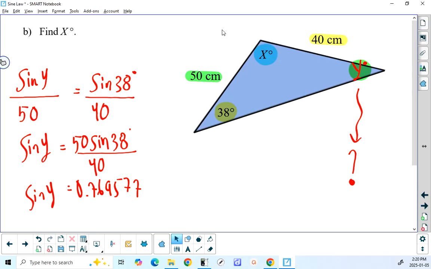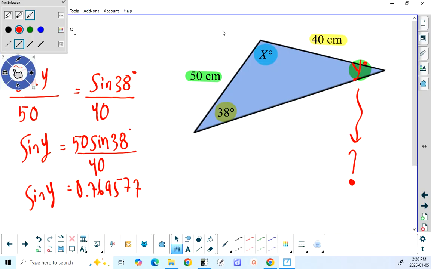Now, of course, what you have to do is find angle Y by taking the inverse sine of that number.